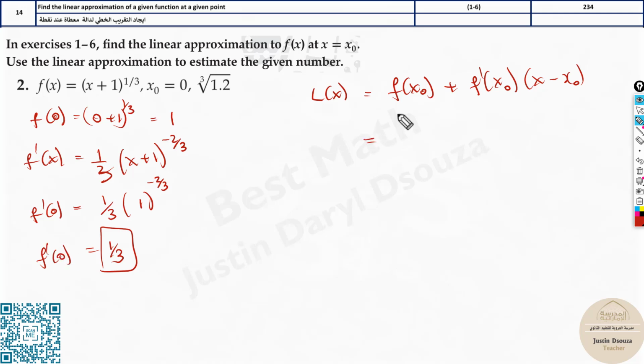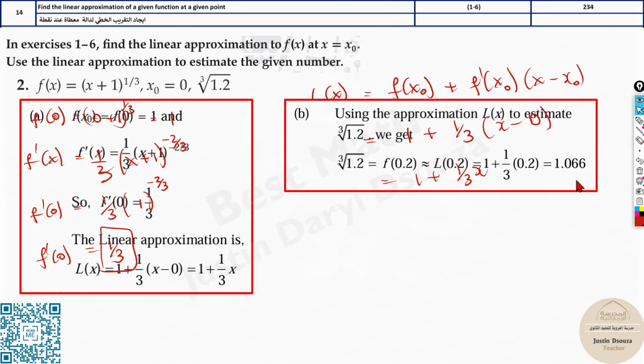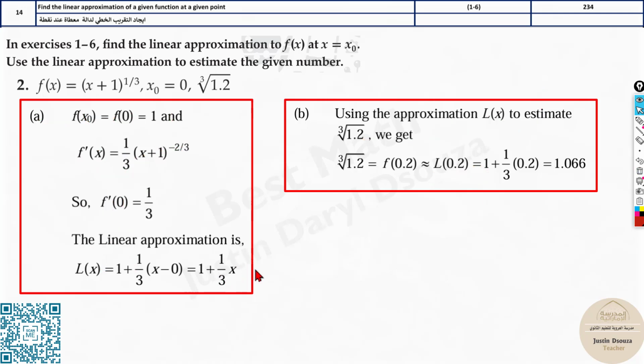Let us substitute back over here. f of 0 is 1 plus 1/3 of x minus 0. So the answer is very simple, 1 plus 1/3 x, because 0 is gone. If you substitute 1.2 over here, you will get the answer in decimal as well, but you don't need to do that. So the final answer is 1 plus 1 by 3 x.